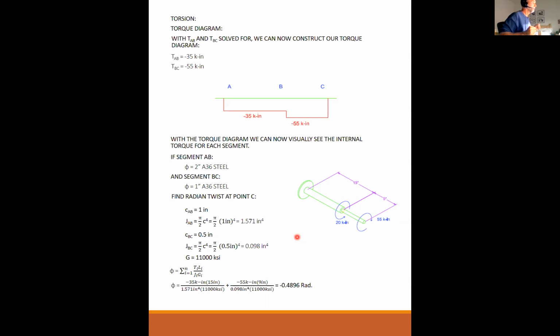Any other questions on this torque? Or before I ask that, the plan for next Tuesday is we're going to go through another series of problems that is an indeterminate structure. That's going to be very much like what we did with axially loaded members, but they're going to be torsionally loaded members. And we'll talk about how to solve those.